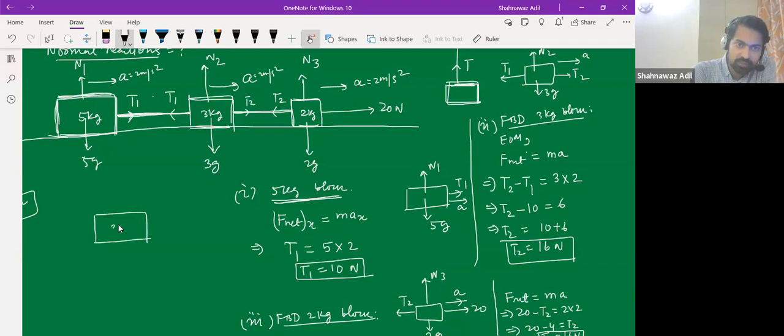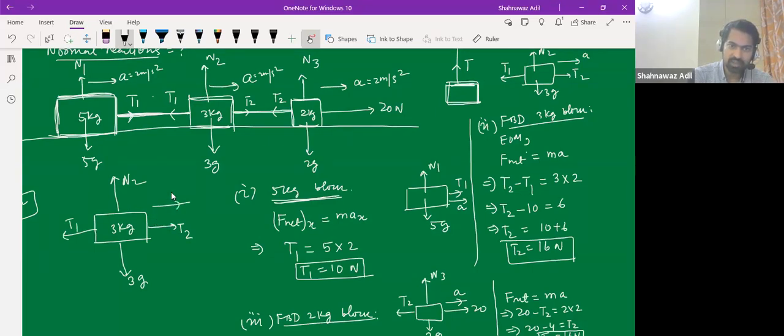This is the normal reaction, and this is the gravitational force, 3G. On the right hand side we have T2, and on the left hand side we have T1. This is moving in this direction with some acceleration, and we don't have any other force.